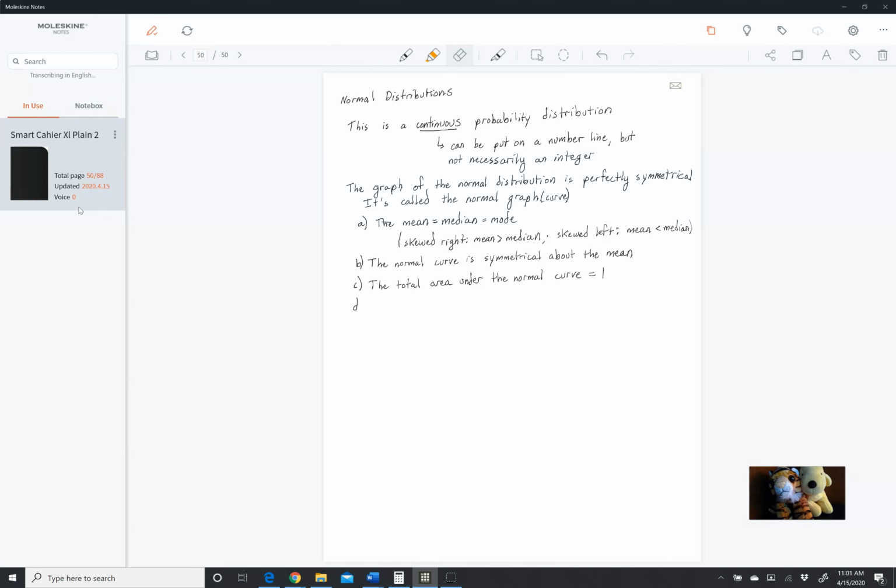The next thing is that the normal curve will approach but never touch our x-axis. And once we see a picture of the normal curve, then this will make more sense.